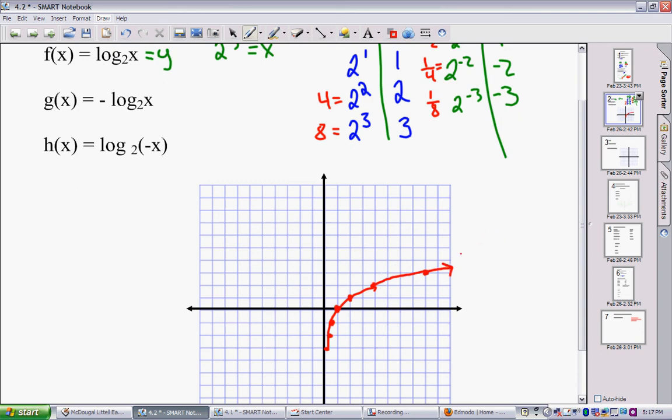So we just graphed log base 2 of x. Now we're going to use our transformations that we know from chapter 2 on the next two. g of x equals negative log base 2 x. So that just means we're going to reflect it over the x-axis.